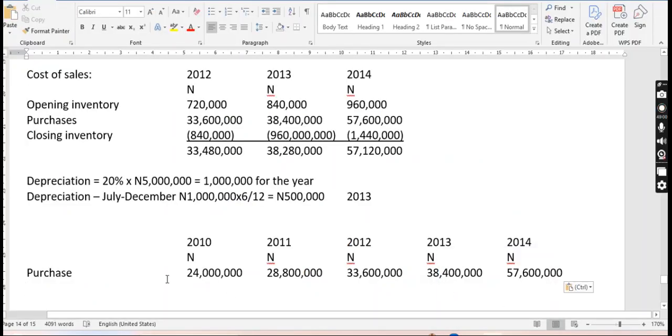And don't forget, this is the yearly. We want to know the purchases at the end of the year. Then you cannot have what we call outstanding, or you can name it payable, or outstanding payable.